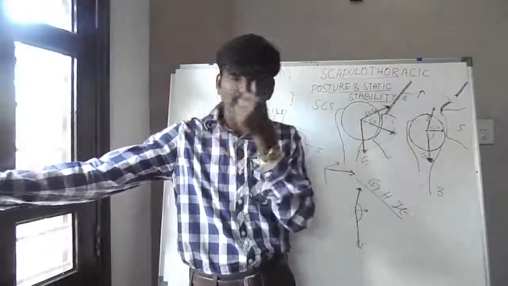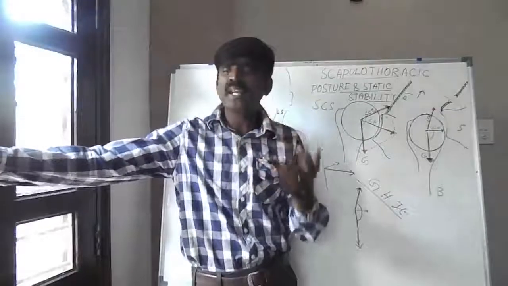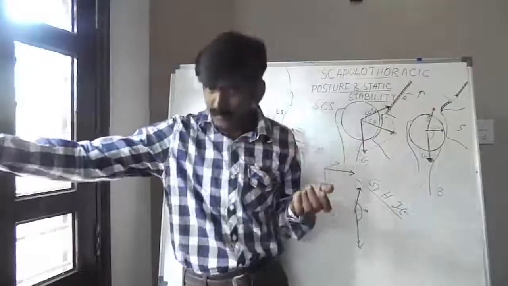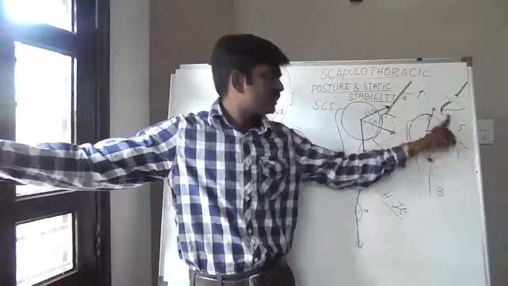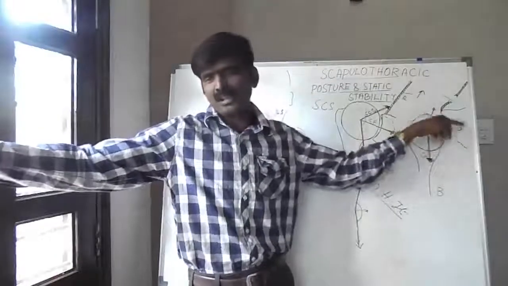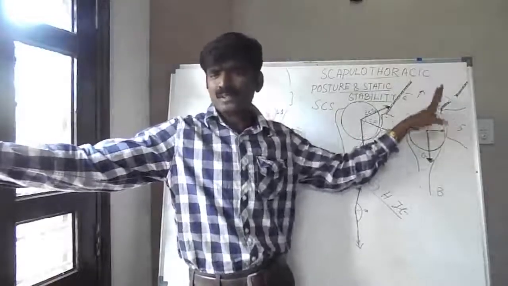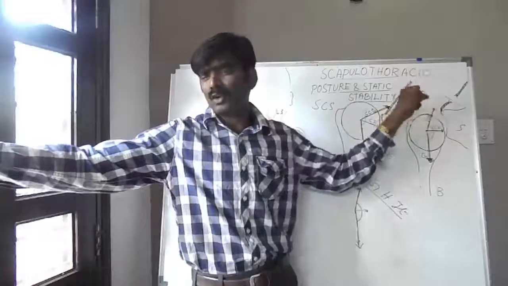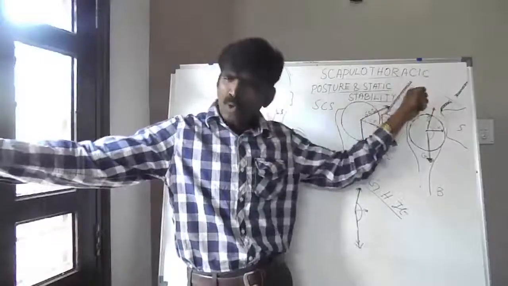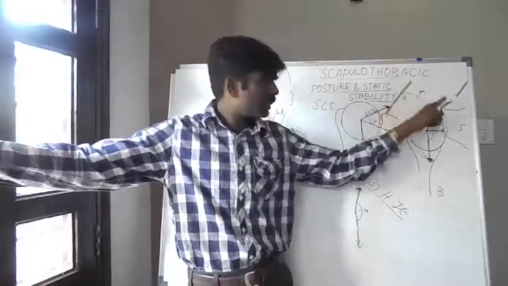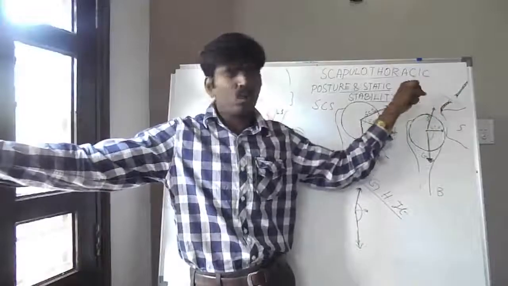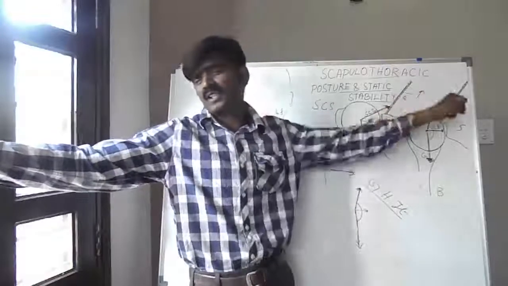If the elevators are paralyzed and this posture is maintained for a long time, then there will be stretching of the superior capsular structures. If it is stretched, then the capsule cannot hold the humerus with the scapula.